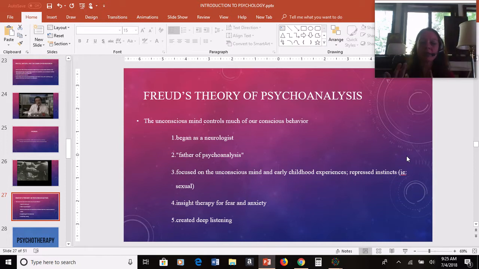So Freud really gave us a lot of insight into how to provide therapy for things like fear and anxiety. One of the number one reasons that people seek some type of psychological therapy or treatment is for depression and anxiety, and most of the time it's some kind of underlying fear that is the etiology, or root cause, of that anxiety or depression.